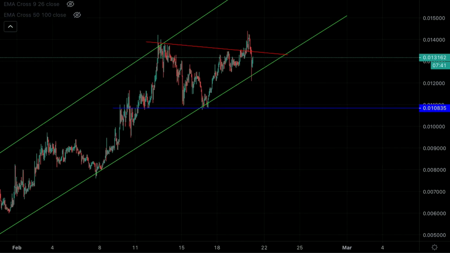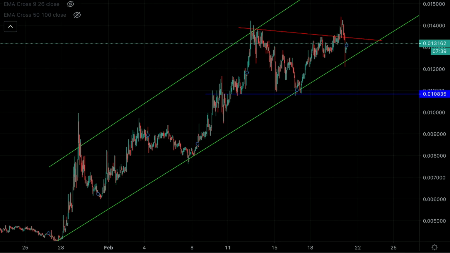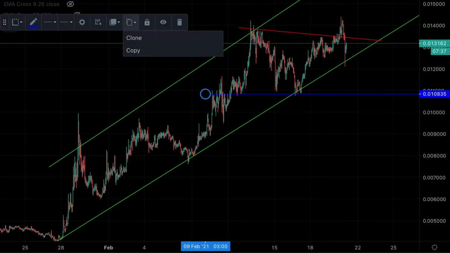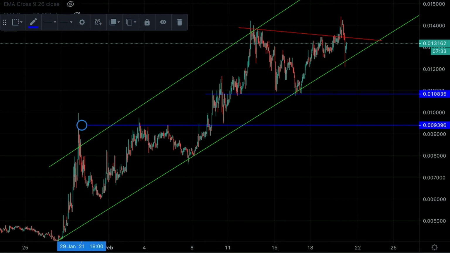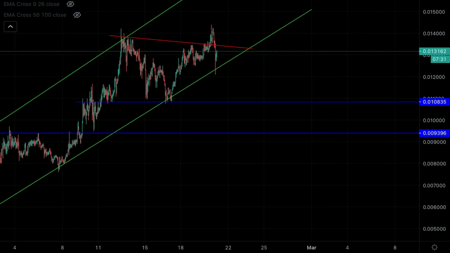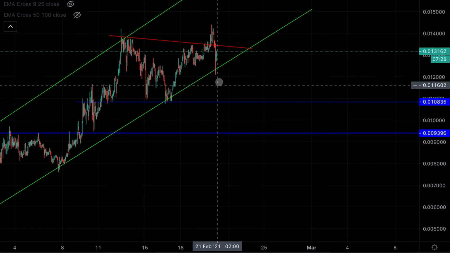So we look to be finding support here, and we seem to have broken previous resistance here. So we could call this a safe support zone right here.